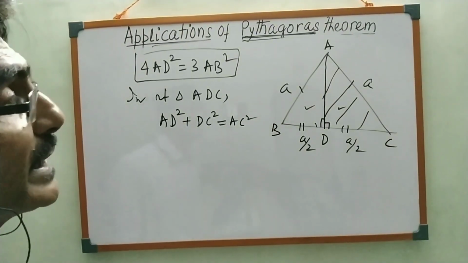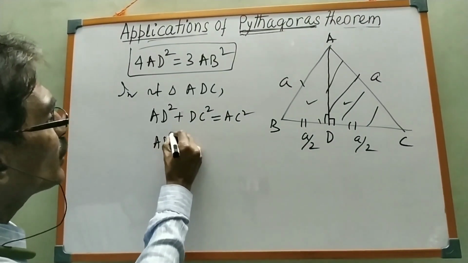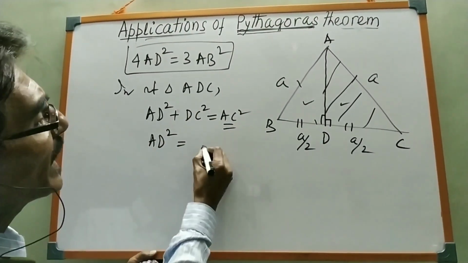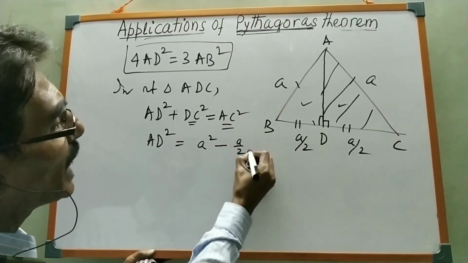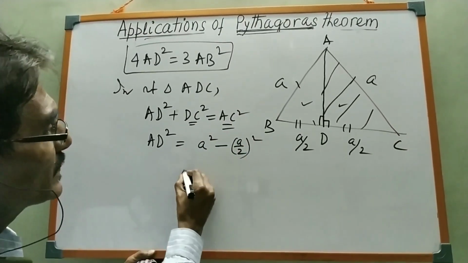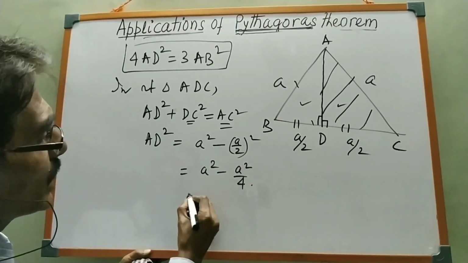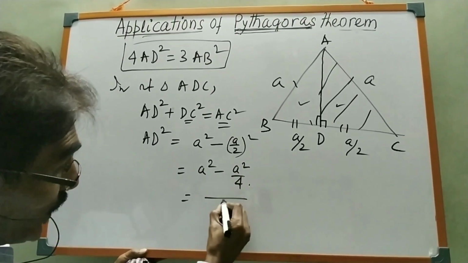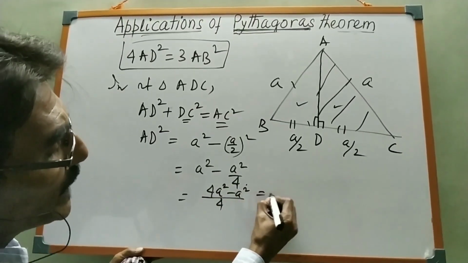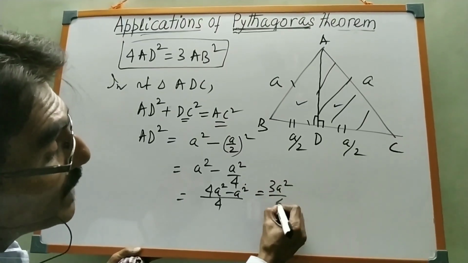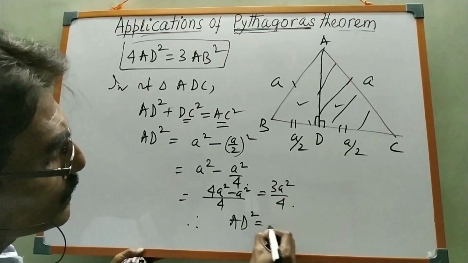Same calculation we did in the previous sum also, and therefore AD square equals AC value a square minus DC value a by 2 whole square, that is a square minus a square by 4. 4 is the LCM, that is 4a square minus a square is 3a square by 4, and therefore AD square equals 3a square by 4.